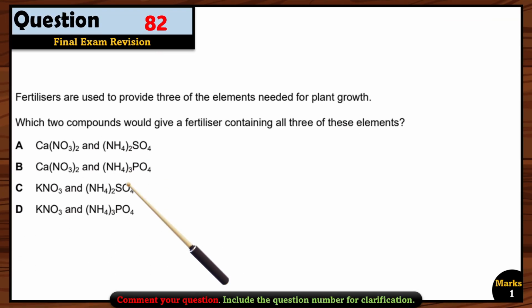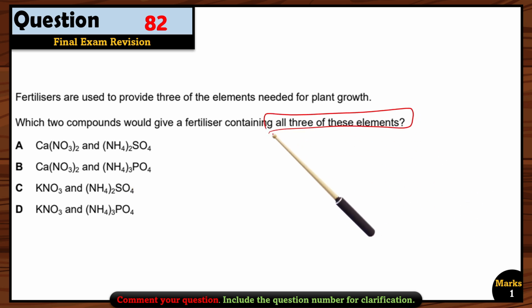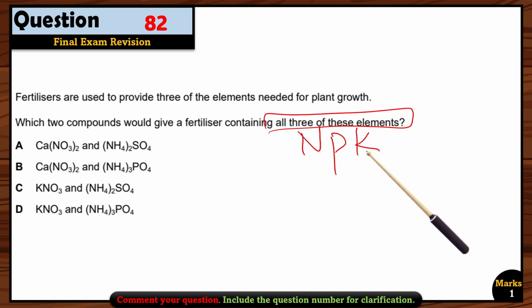Let's see another question that is related to chapter 9 and is about fertilizer. Most of the time this question comes in the exam, but students usually forget the three main components of a fertilizer that are very useful for the plant. For that you have to remember NPK.